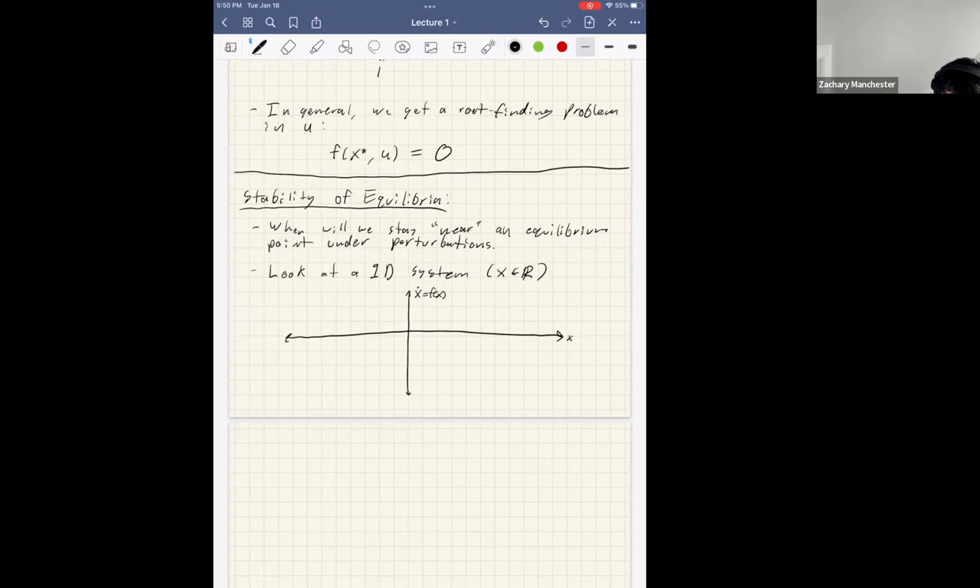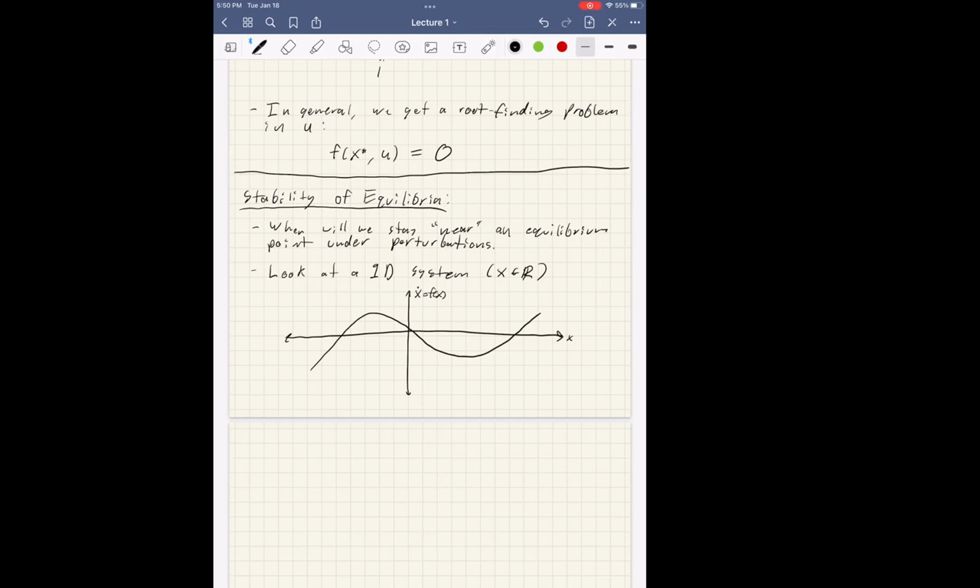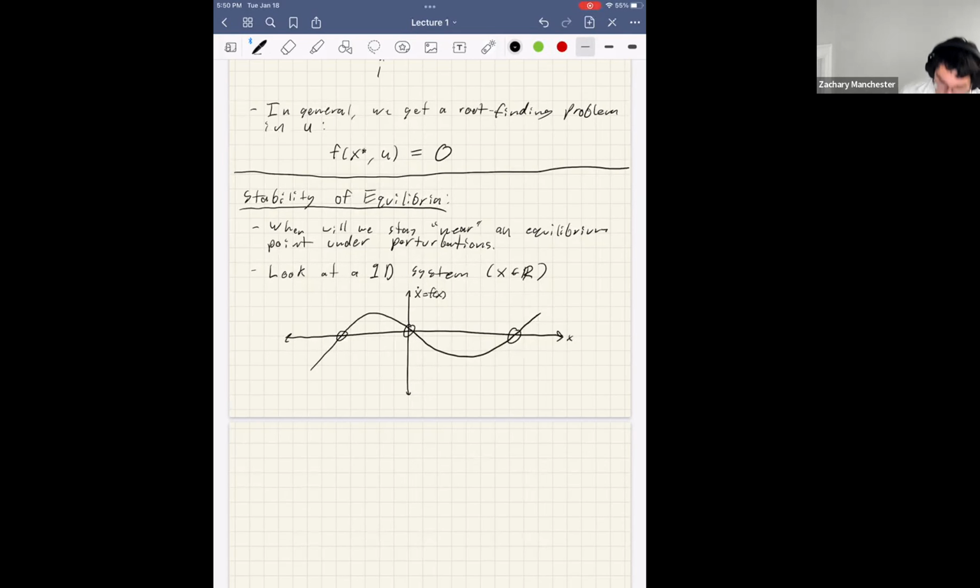Let's say the dynamics function looks sort of like a cubic, like some weirdo cubic polynomial. So first question is, where are the equilibrium points? The 3 zero crossings. Yeah, wherever it crosses 0. Exactly, so we have 3 equilibrium points at these zero crossings.